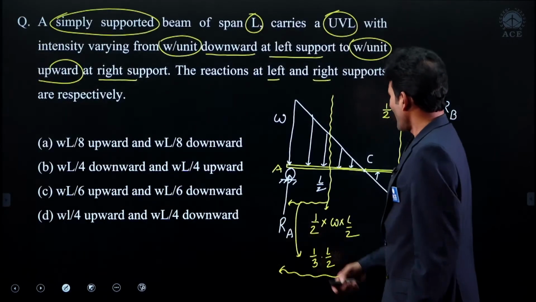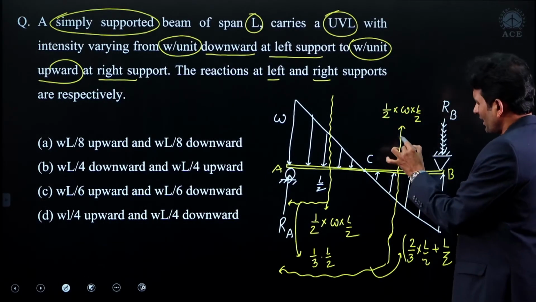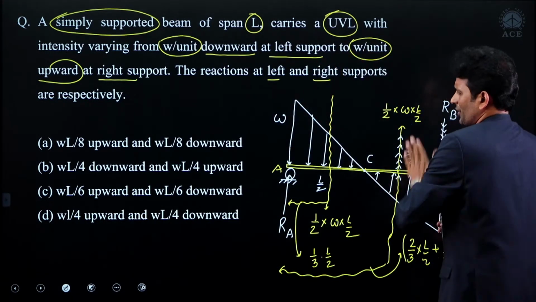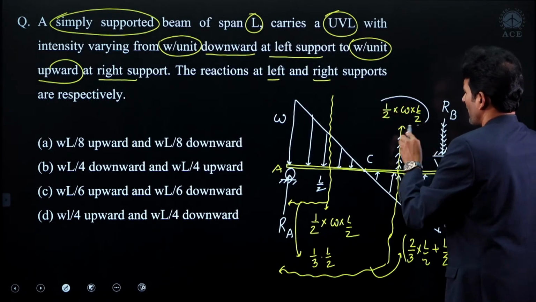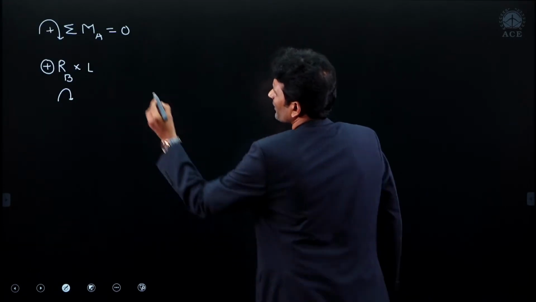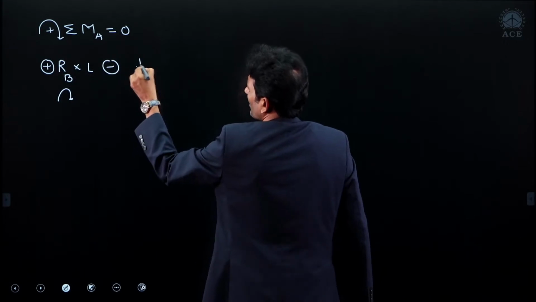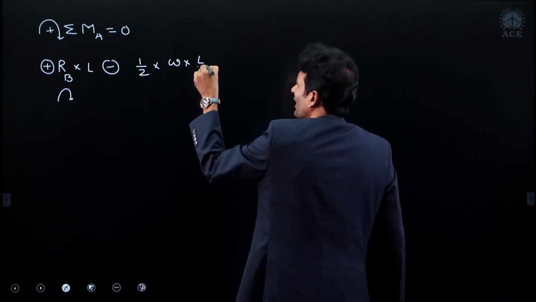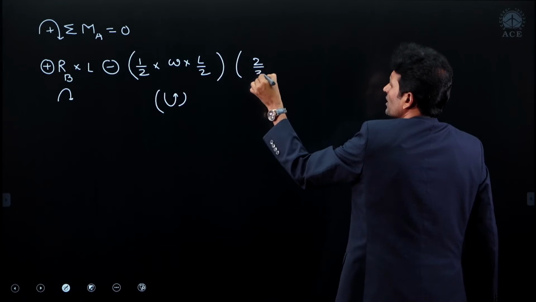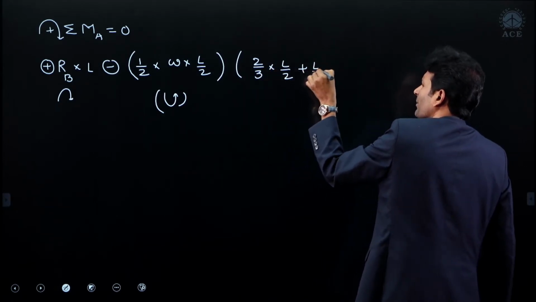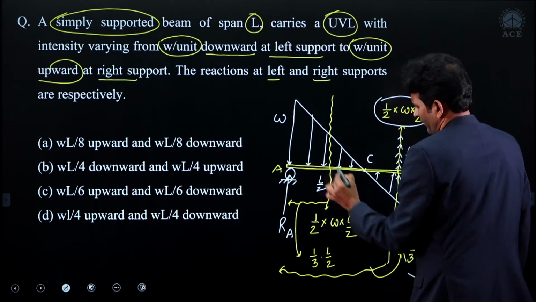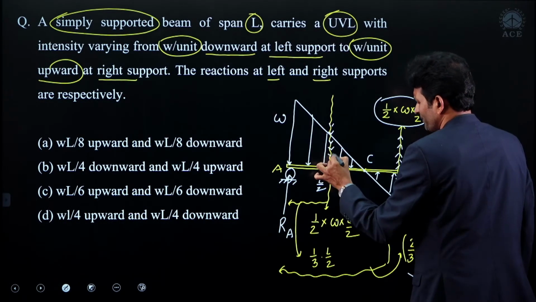Done. Now as I move on from here to here, I observe an upward load. It is giving anticlockwise rotation about A. This is the load magnitude, this is the distance. I am taking these two as minus. Why is it minus? Because it is giving the anticlockwise rotation: half into omega into L by 2. This is the load. The distance is 2/3 of L by 2 plus L by 2. Good. Now come to the next load. As I move towards the left side, here again we are observing one more load.